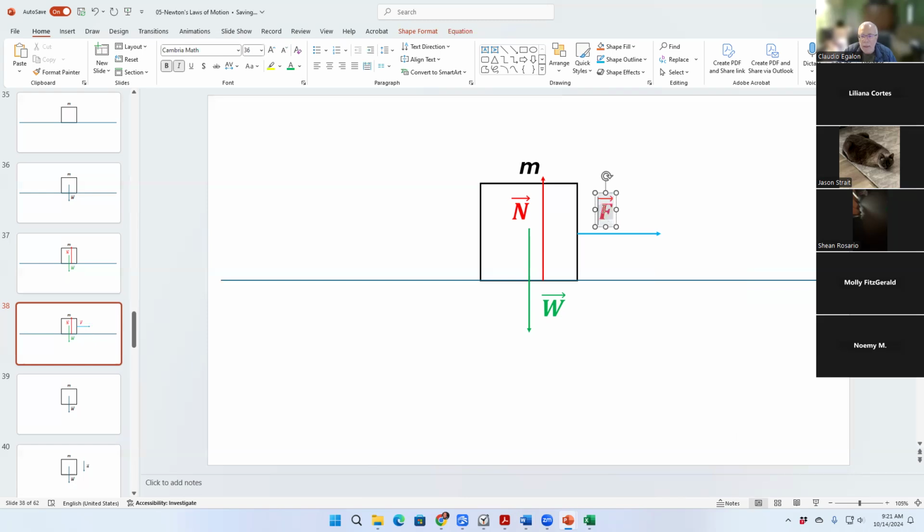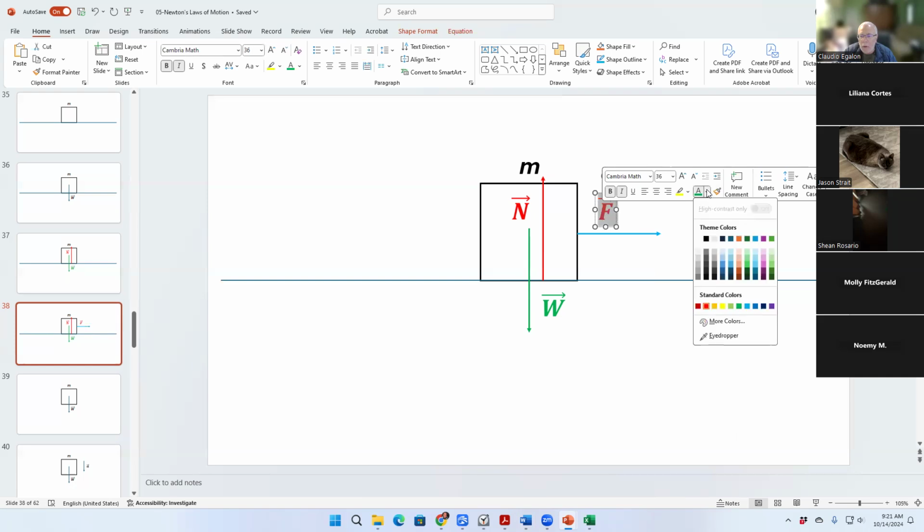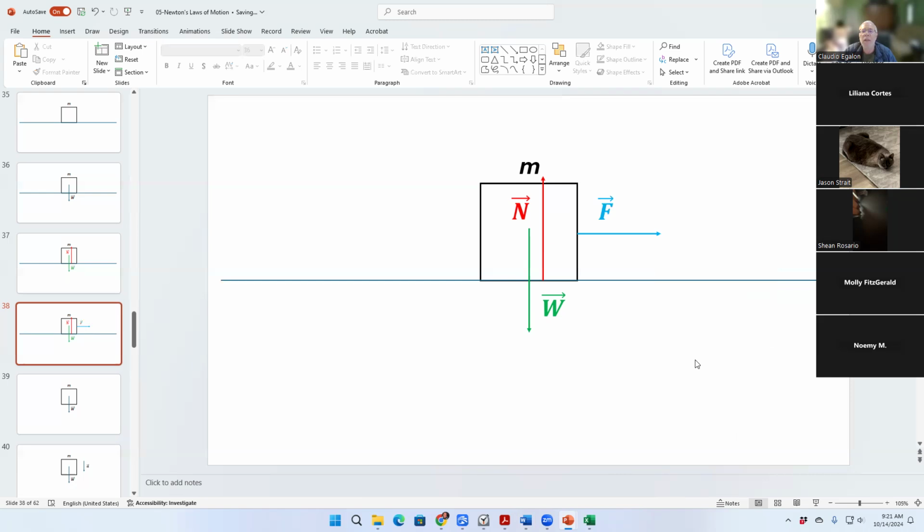I'm going to put it with the blue color. Someone is applying this force to this object on the frictionless surface, so there is no force of friction right here.